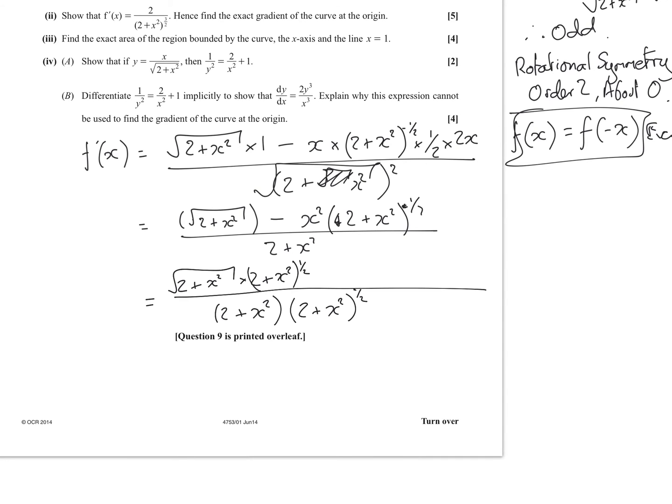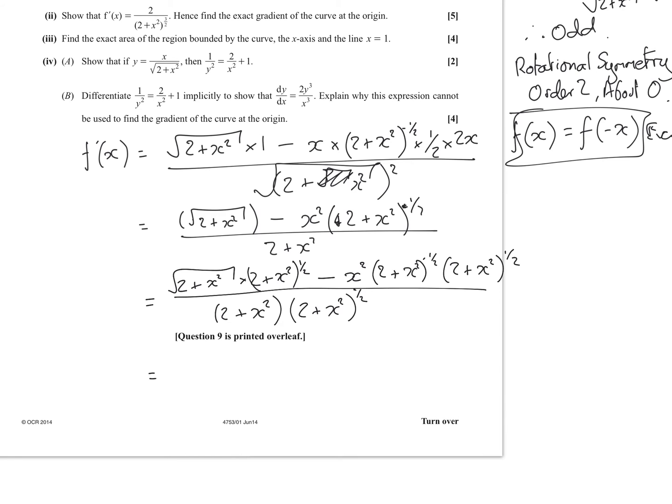That's looking like that's going to simplify. Minus x squared times 2 plus x squared to the minus a half times by 2 plus x squared to the half. That's looking good as well, because I've got to the minus a half and to the half, so that's going to go completely.